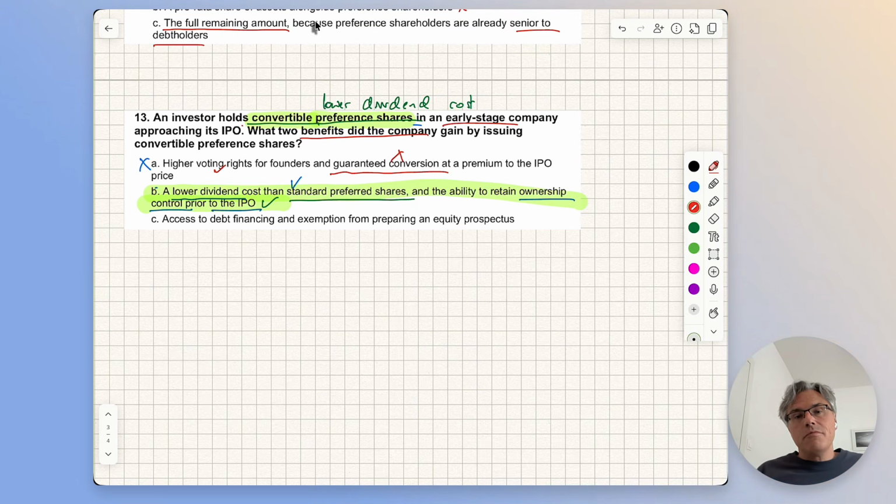And exemption from preparing an equity prospectus? That's not true. You always have to, when you start selling, be it ordinary or preferred shares, prepare a prospectus or at least an offering memorandum, and which one of those is true will depend on whether the offer is a public one or a private one.